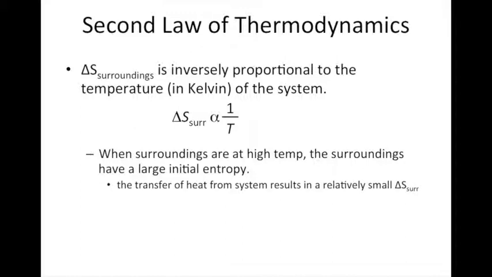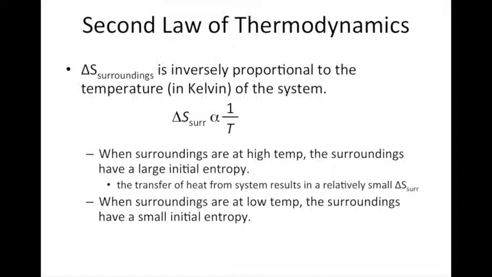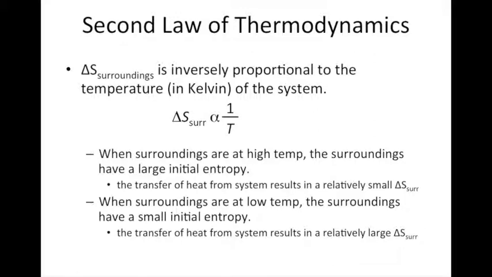So if we transferred some heat from the system, it would result in a relatively small delta S of the surroundings. When the surroundings are at low temperatures, the surroundings have a relatively small initial entropy. So if we transfer heat from the system, exothermic process, it would result in a relatively large delta S of the surroundings.